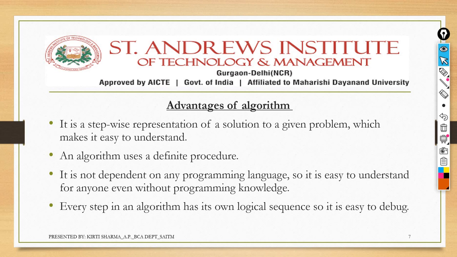It is not mandatory that a problem has a single approach to solve it. It depends on the logical mind of the user. Many solutions can be possible for a single problem.